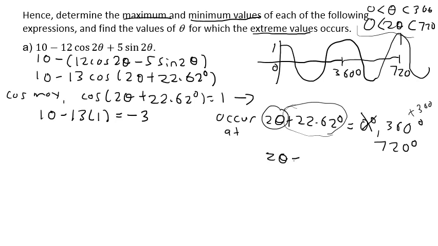So we subtract 22.62 on the right side, then we got 332.38 after we subtract from 360, and the other one, after we subtract 22.62 from 720, we got 697.38 degrees. By the way, this value is actually 337.38 and not 332.38.